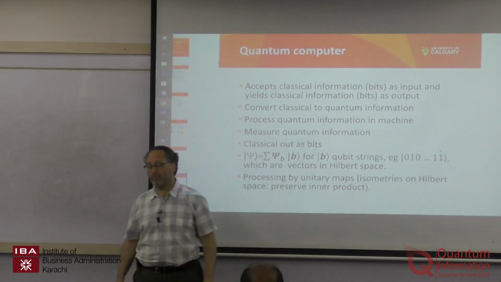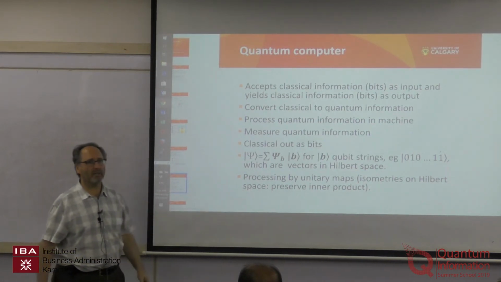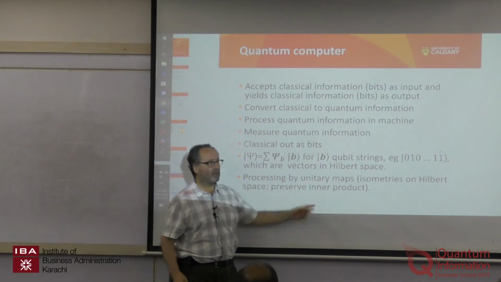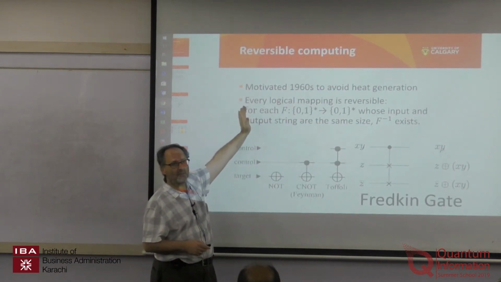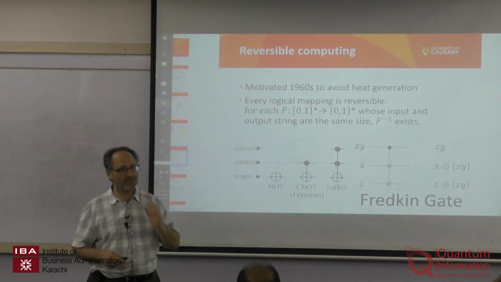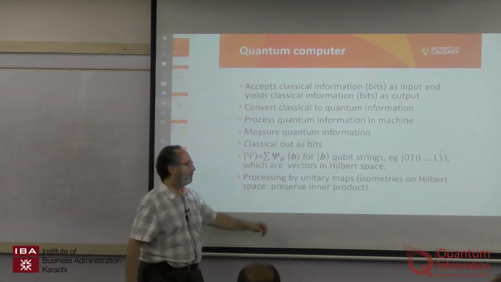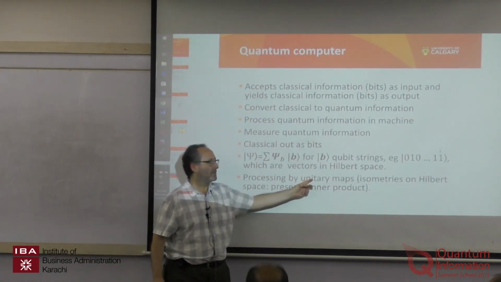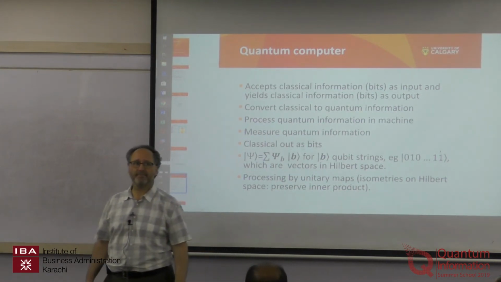I don't work on that directly myself, but what I do notice in the literature is these optimizations are often done these days by people from this community. In reversible computing, they developed a lot of optimization techniques. And because of the easy embeddability of permutations into unitary maps, the optimization carries over a lot of those techniques.